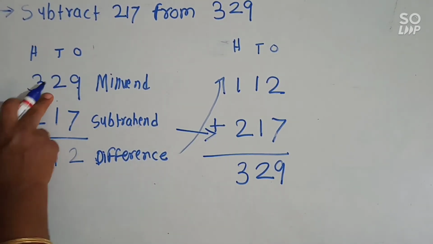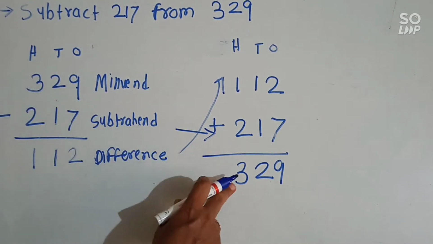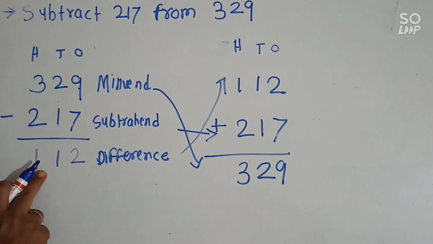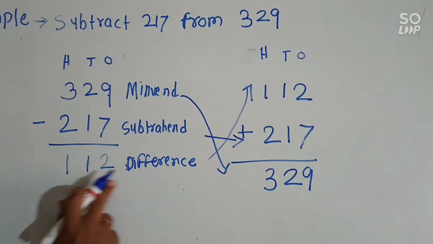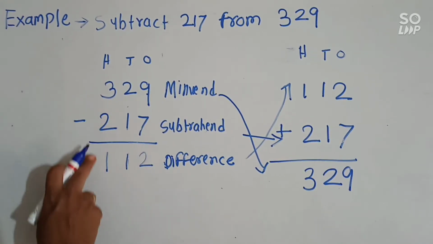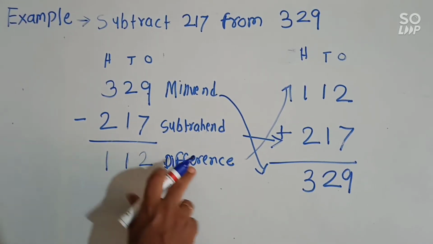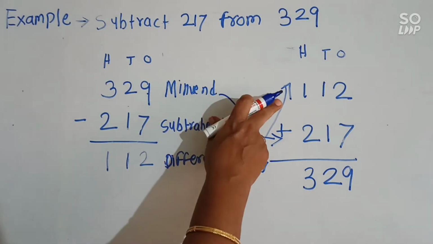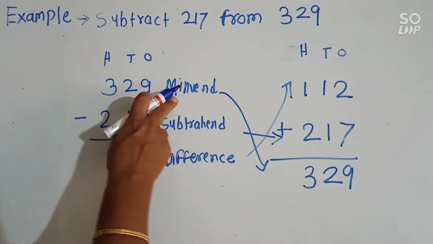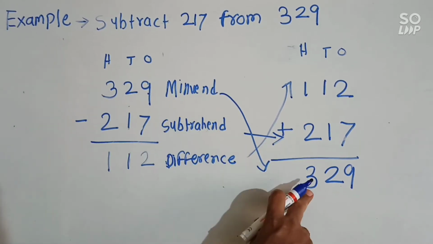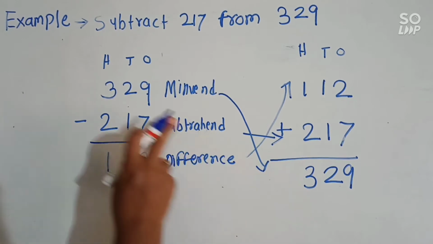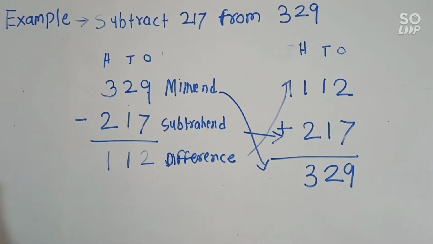Now look here children, this minuend is 329, so our subtraction example, the result and the difference, is correct. To check whether the subtraction is right or not, after doing difference plus subtrahend, when we get the minuend, that means the minuend and this addition answer are the same, and that time our example is correct.